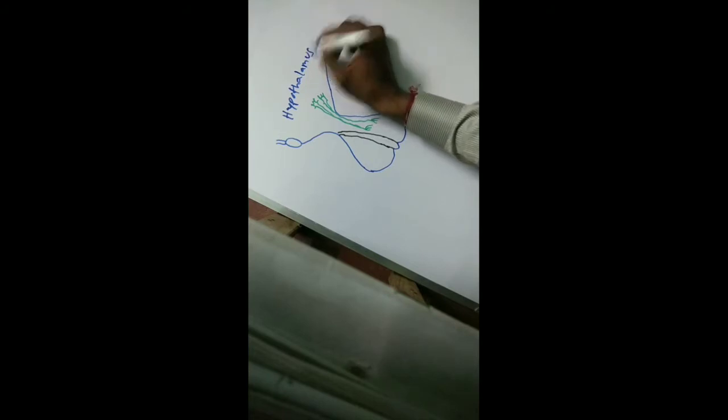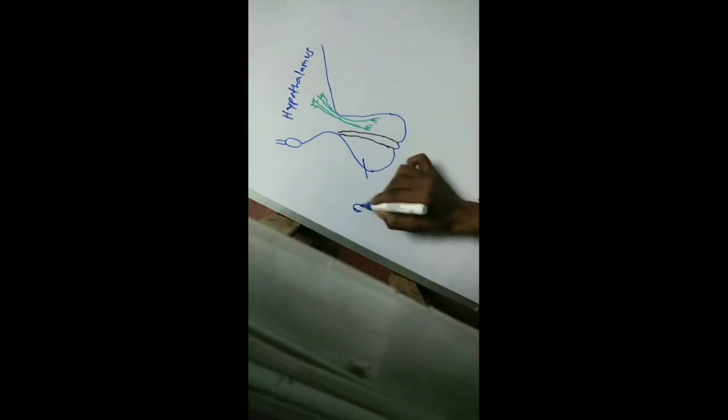Upper part, hypothalamus. This is the anterior lobe of pituitary. This is the intermediate lobe of pituitary.